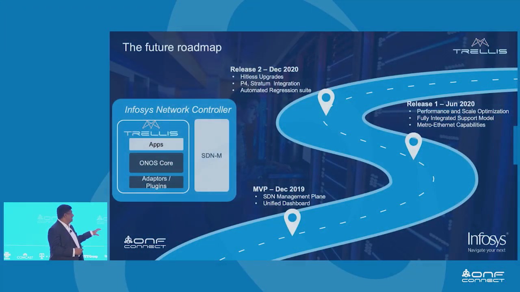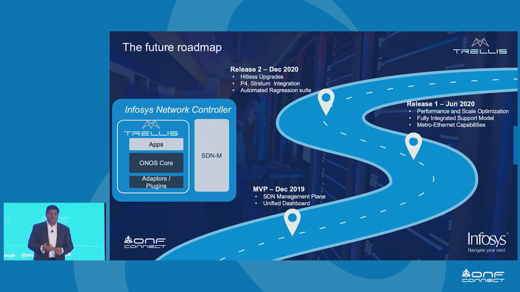What's the roadmap beyond this? Well, as you see in the box, Trellis in a productive version, the hardened and performing version, is already there. We are working on something called SDN Managed Plane, or SDN-M, which allows better control over hardware boxes, and some number of unified dashboards that we believe will become a more complete design of what we call a network controller.